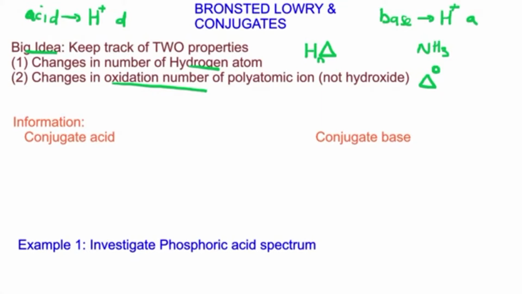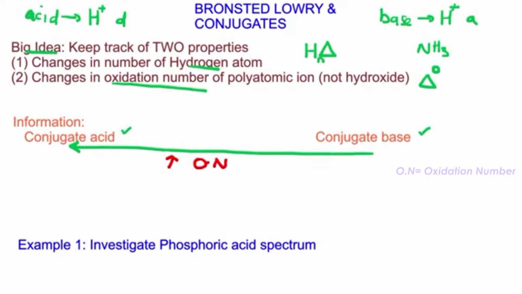This trend line, which heads towards more conjugate acid, tells us that first there is an increase in the oxidation number of our polyatomic ion.